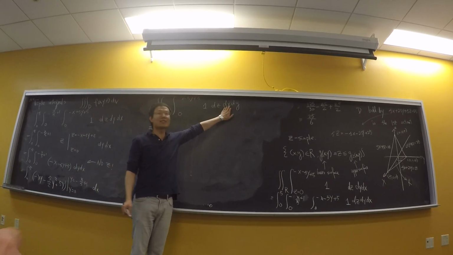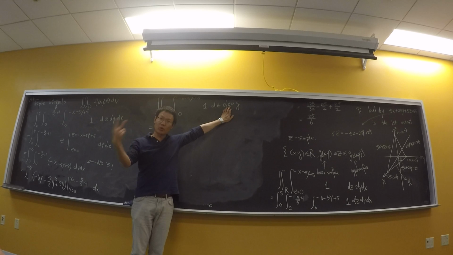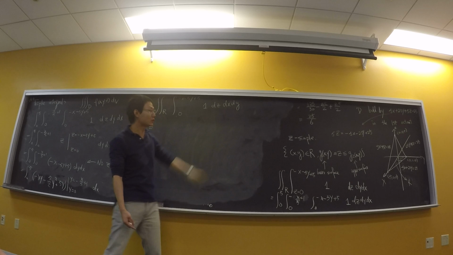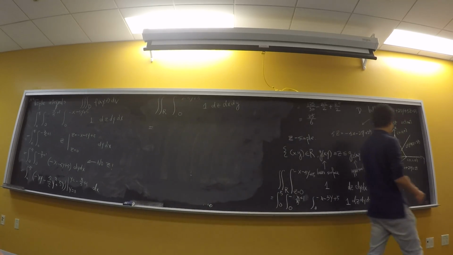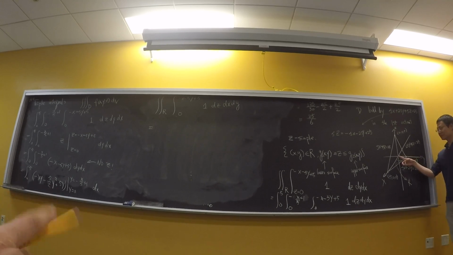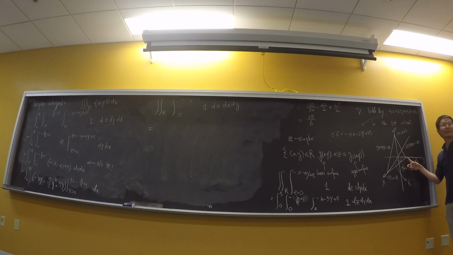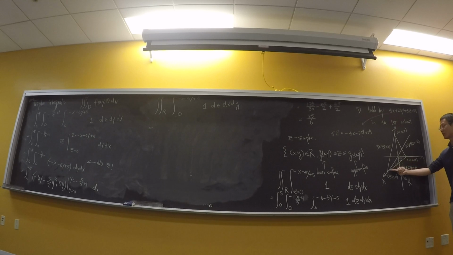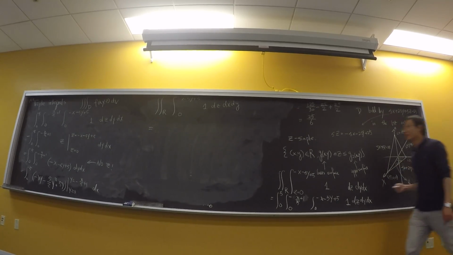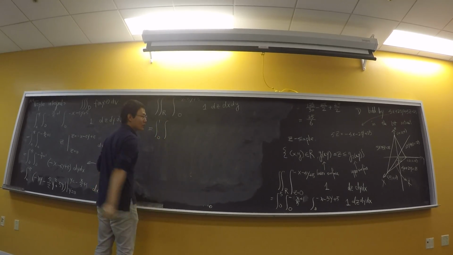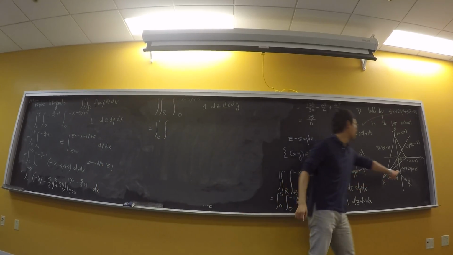If it is an x-simple region, I need two numbers for y and two functions for x. So the two numbers for y are 0 and 1. X is bounded by 0 and a function coming from this trace equation again. All right, so x can go from 0 up to a point lying on this straight line. Okay, so it's going to be from 0 to 1 for y, and I need to solve for x in this equation.